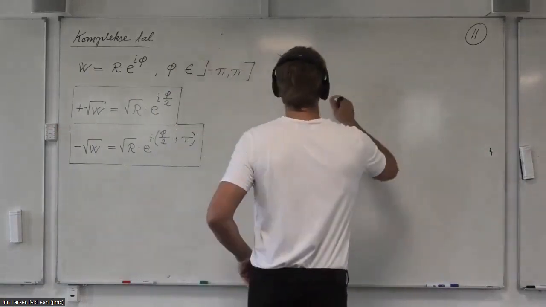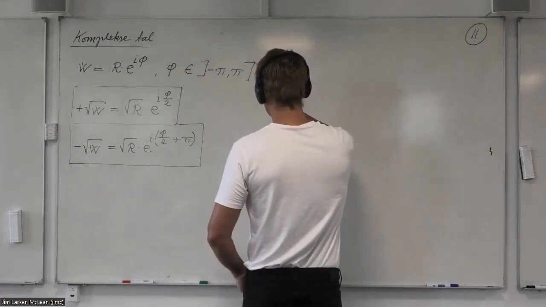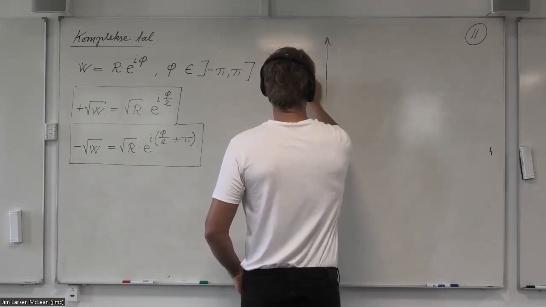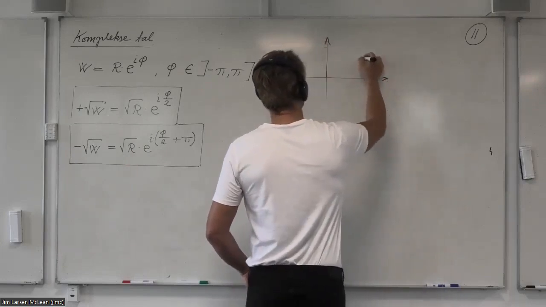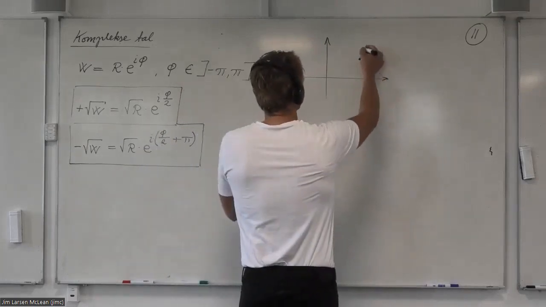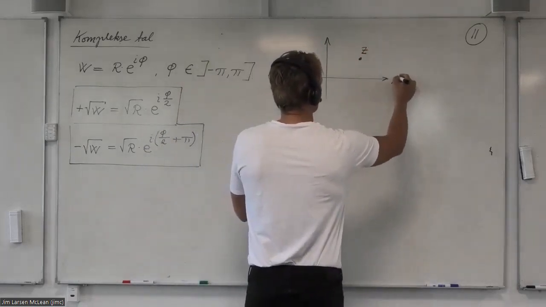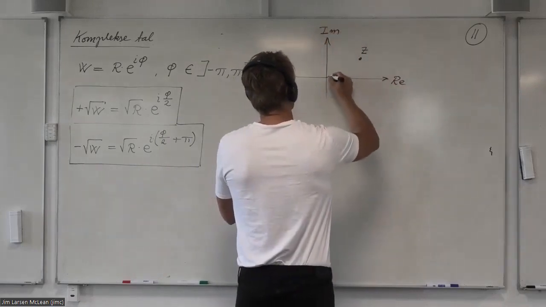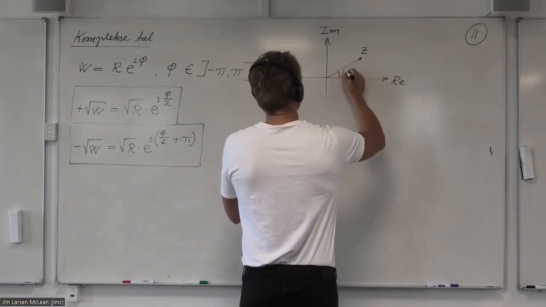Let's now imagine that we have a complex number. It's just some complex number, so it's just z. And that z is at some angle theta.